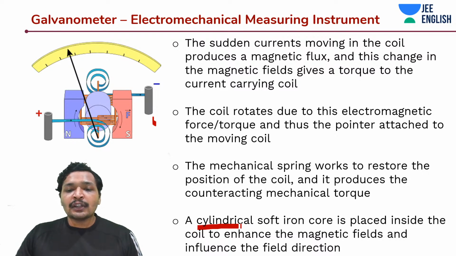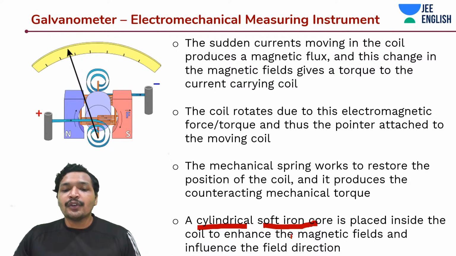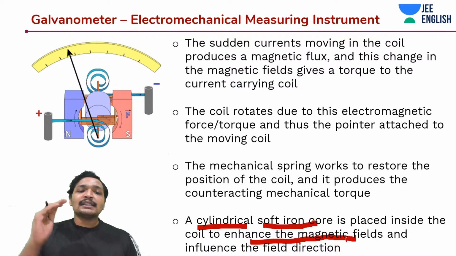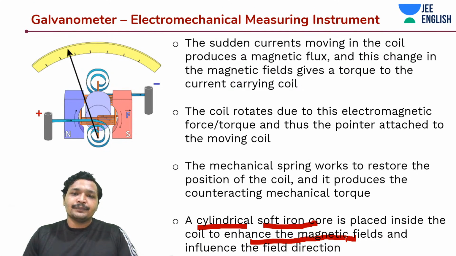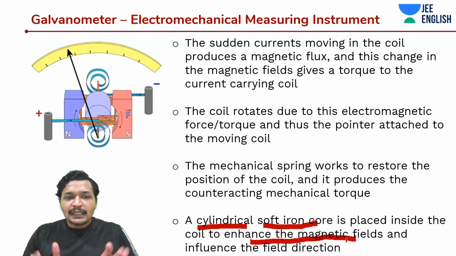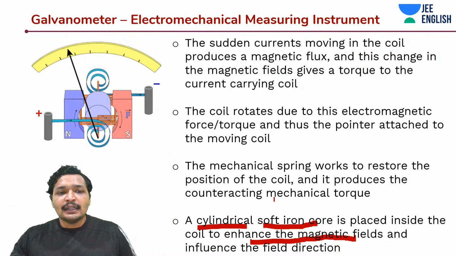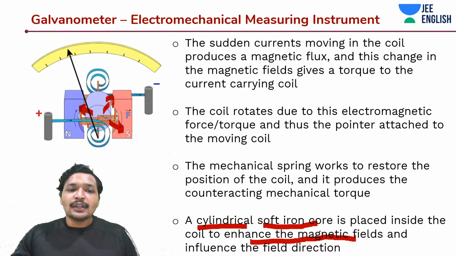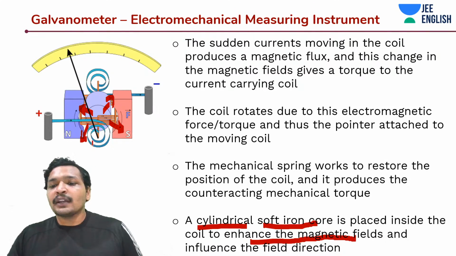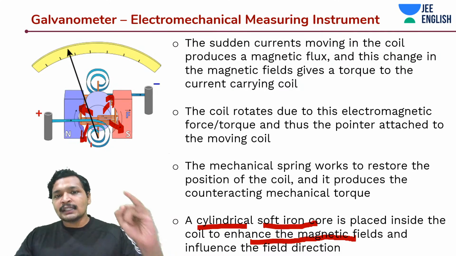The soft iron core enhances the magnetic fields, and it also makes the magnetic fields flow in a radial direction. Why is it happening? Due to the soft iron core. Do remember this point.